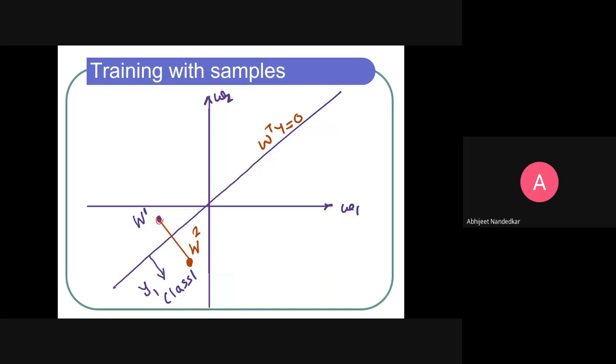So I should move this W here. So this will be my new position. If I put my weights here, this will produce W transpose Y1 greater than 0. So the output is positive. That is what I want, since it belongs to class 1, and I assume that for class 1 my response will be positive and for class 2 my response will be negative.